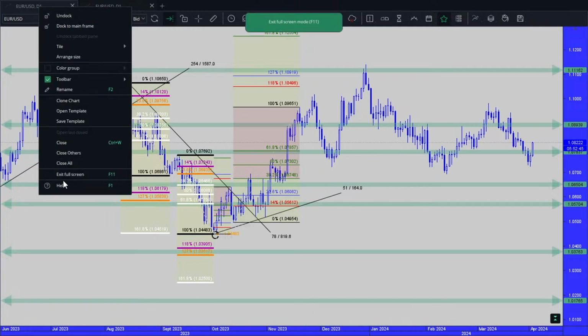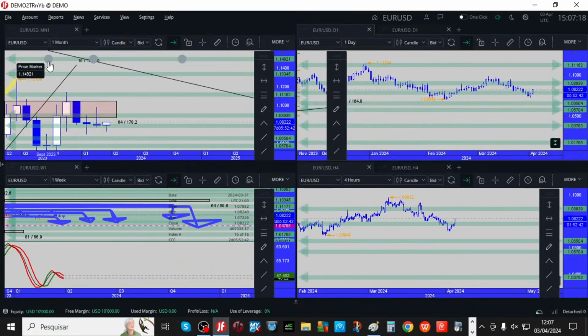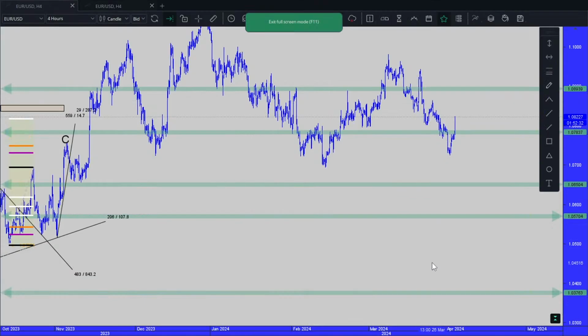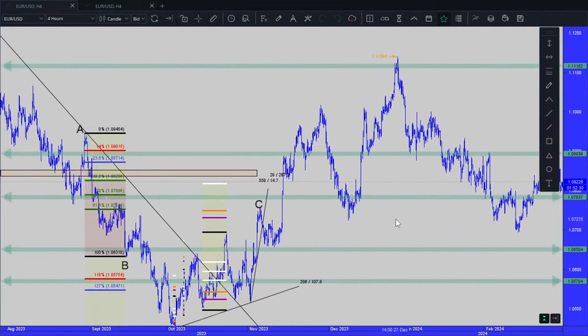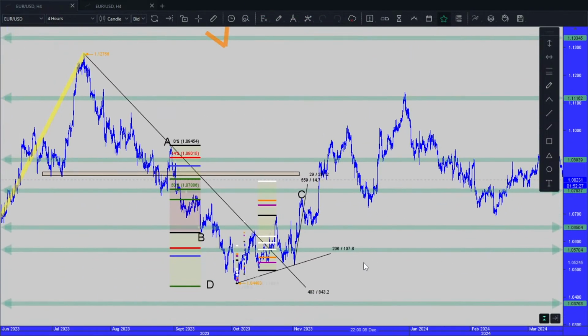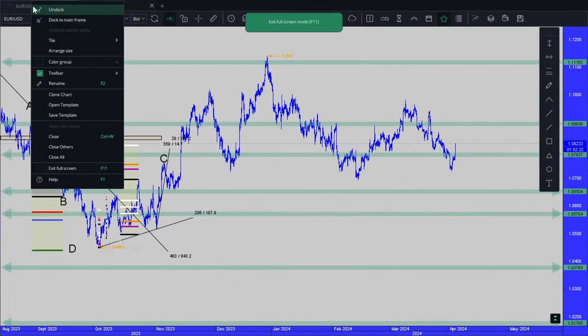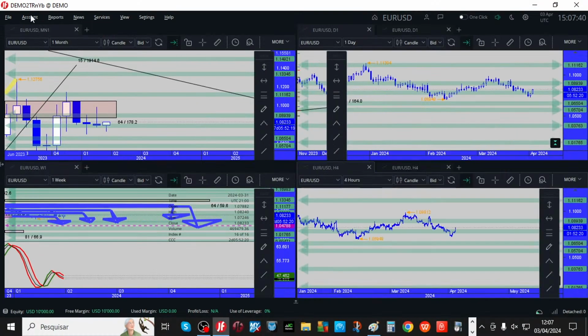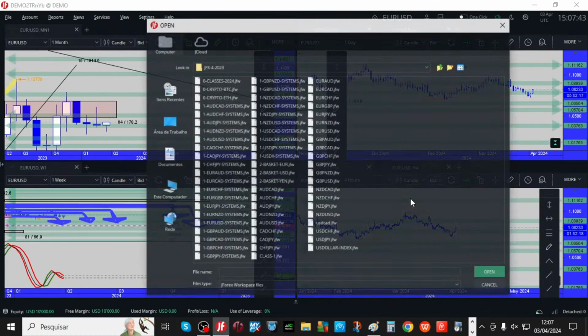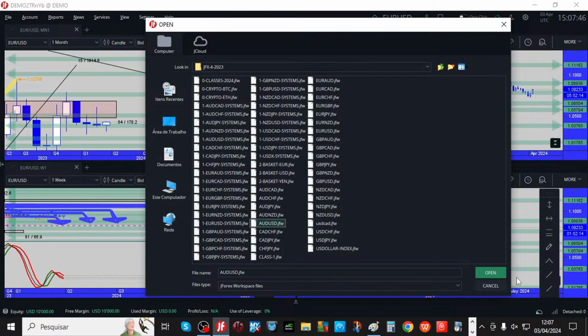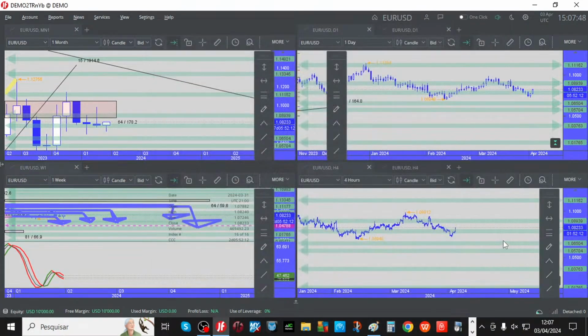What if we go on, let's find another one, everybody. Maybe the 4-hour chart, the market was down and up and down. Not sure about that one. Let's check AUD USD. We need to find the market in a retracement.